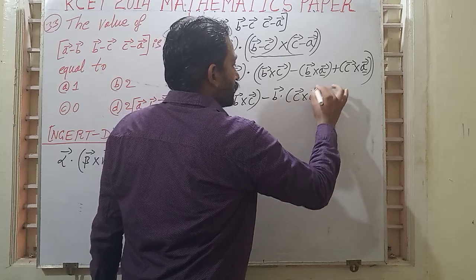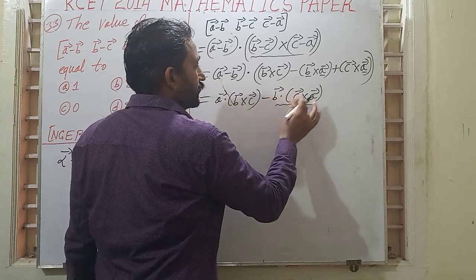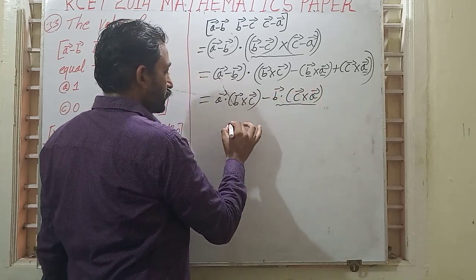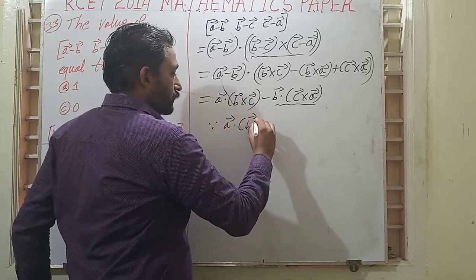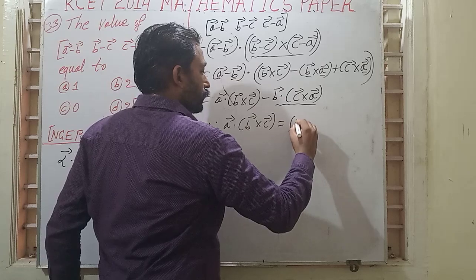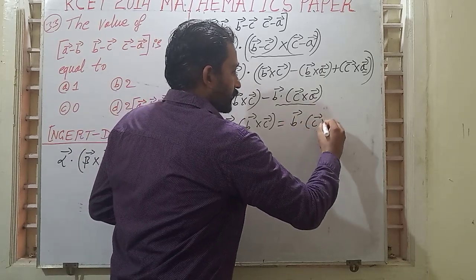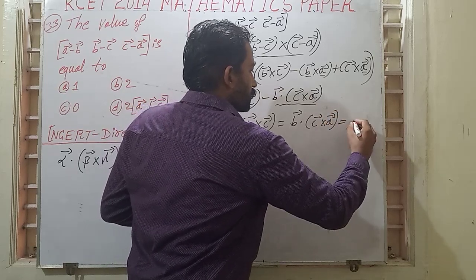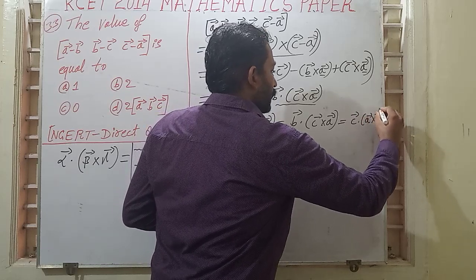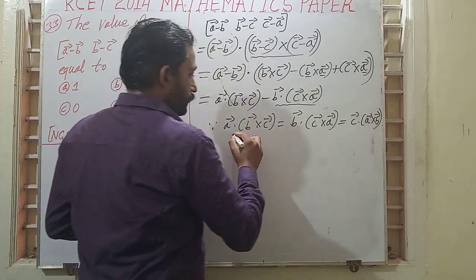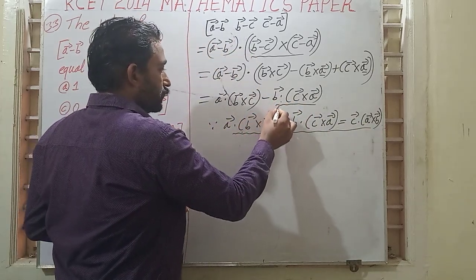The last one is B dot C cross A, with the vectors in cyclic form. So it is correct. We know that B dot C cross A is equal to A dot B cross C, equal to B dot C cross A, equal to C dot A cross B. Vectors are in cyclic order, so all these values are the same.